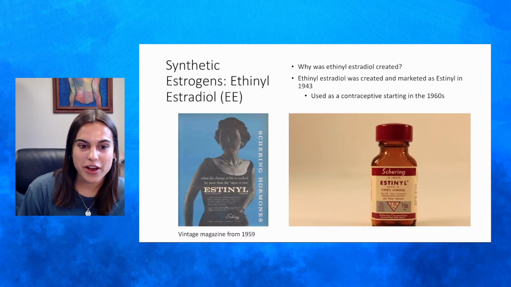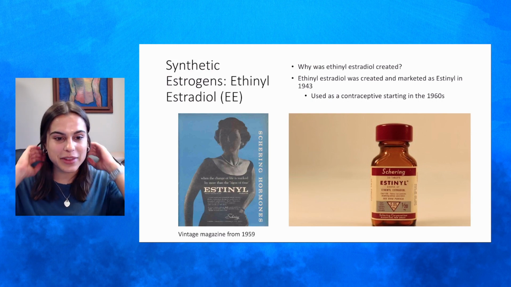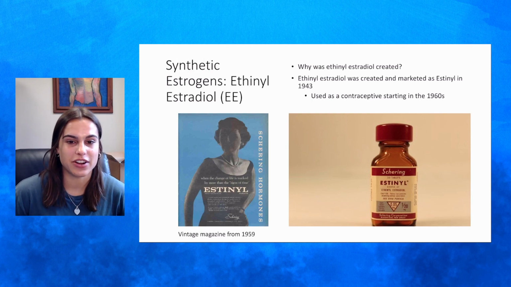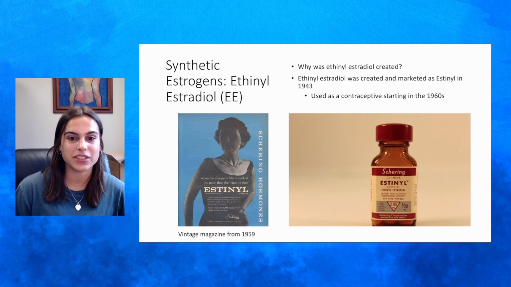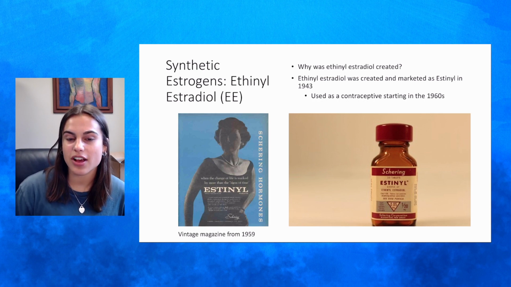So obviously the modern day oral contraceptives are not made from horse urine. And so this is when synthetic estrogens came along, specifically ethinyl estradiol, which I'll just call EE for short.